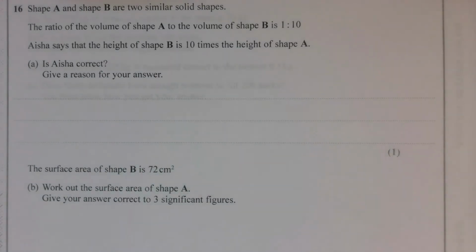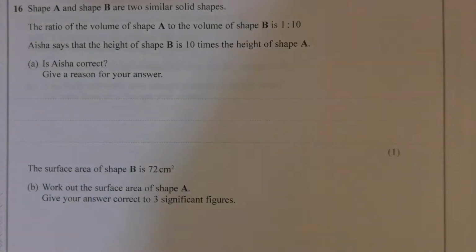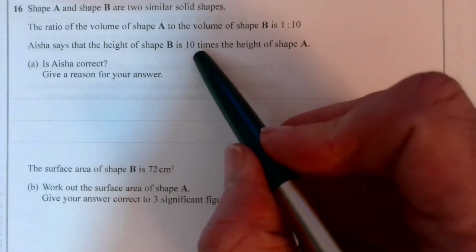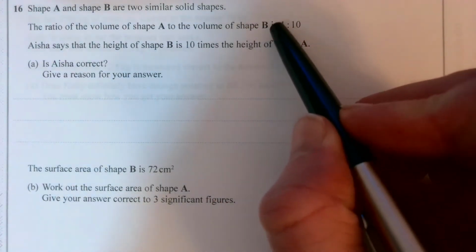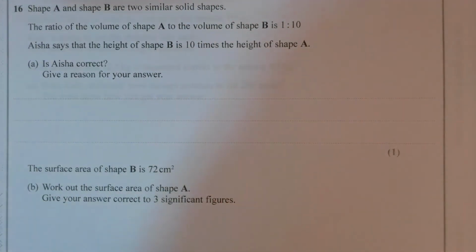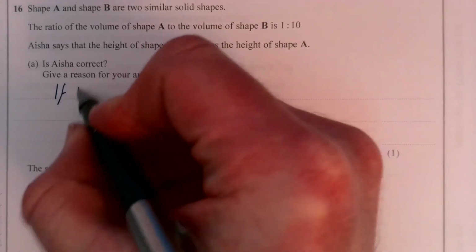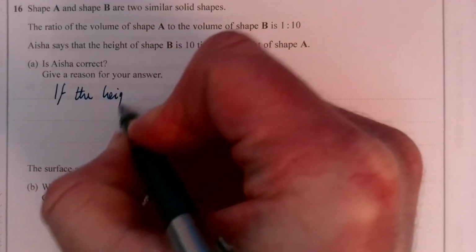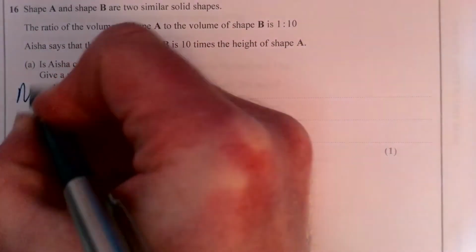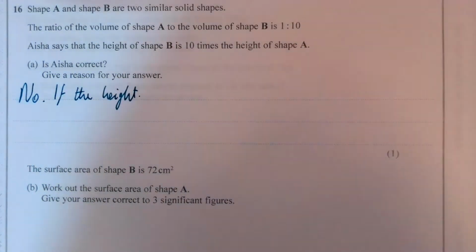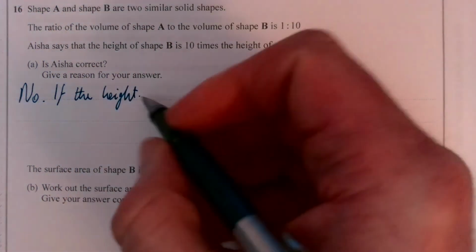Now question 16 is related to all the similar shape stuff we've been doing. If the height is 10 times the size, then the volume would be 10 cubed, wouldn't it? So that's what I would give as my reason. The answer is no, but you don't get the reason unless you put in a reason.